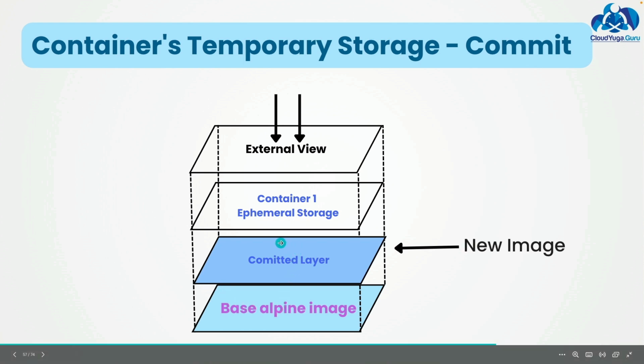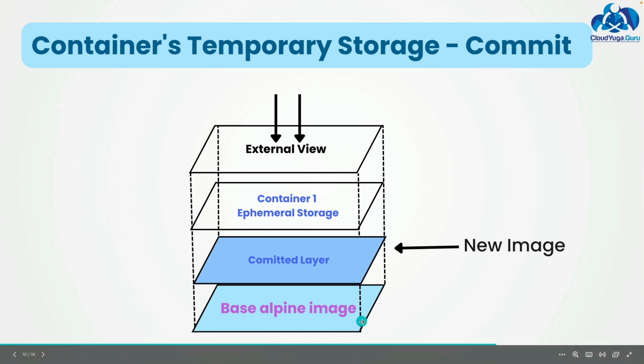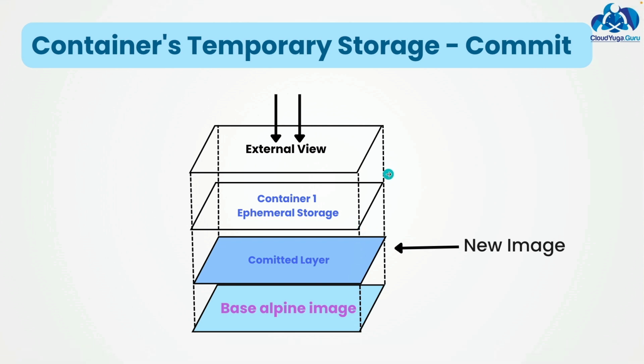On top of it, we have committed the layer from the previous step, and this would give us a new image which says that I have the change I have done in the last step, and I also refer to the base Alpine image. And then we can create further containers on top of it. And that is how the overall committing process works to create new images for us.